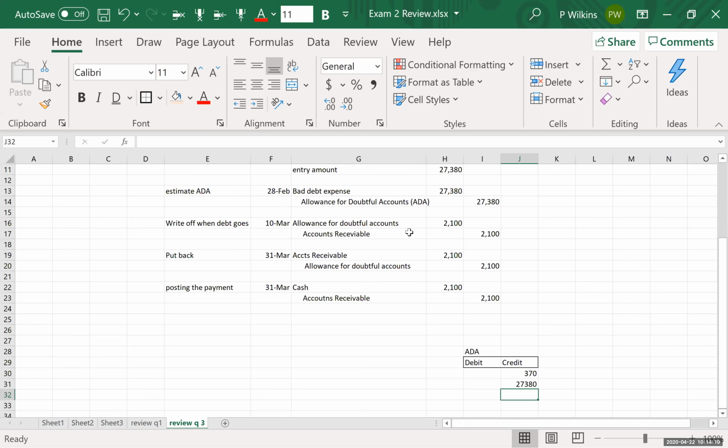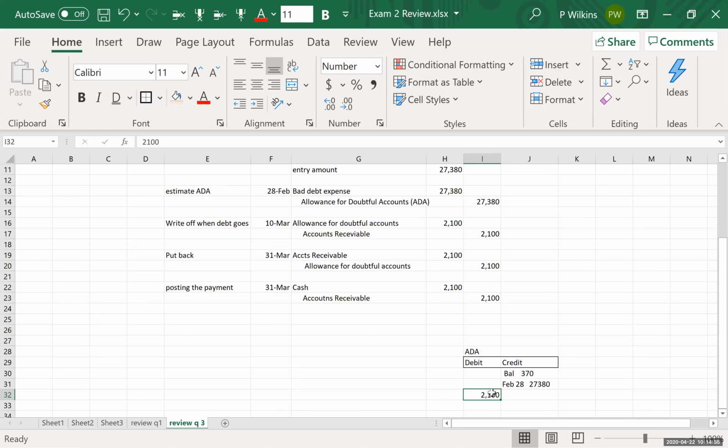We then debited allowance for doubtful accounts $2,100 right here on March 10th. Then I should probably put the dates there, huh? That would help you. The beginning balance was the 370. Then on February 28th, we had the credit for 27,380.